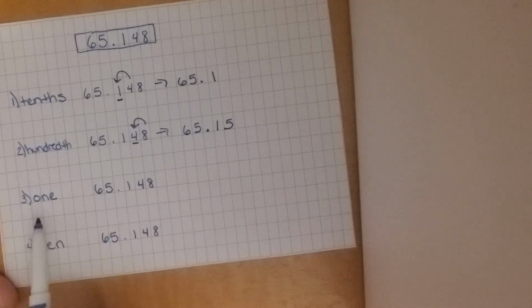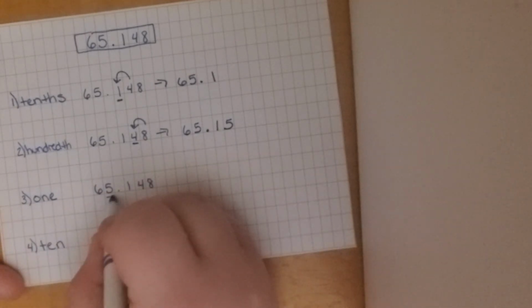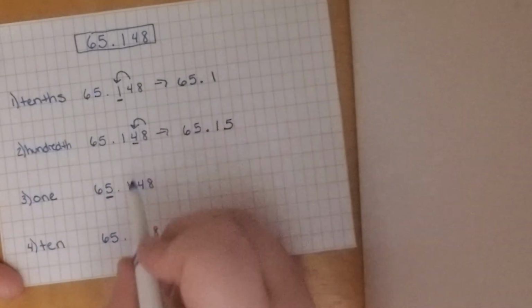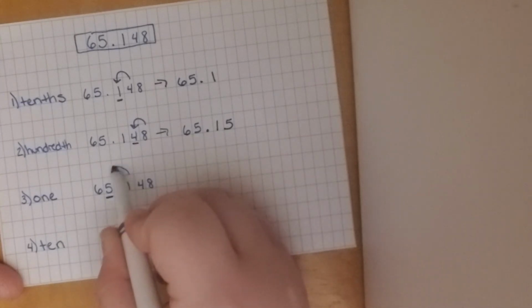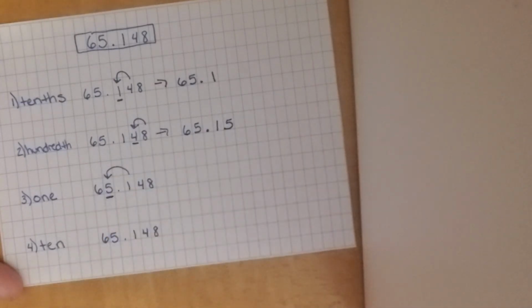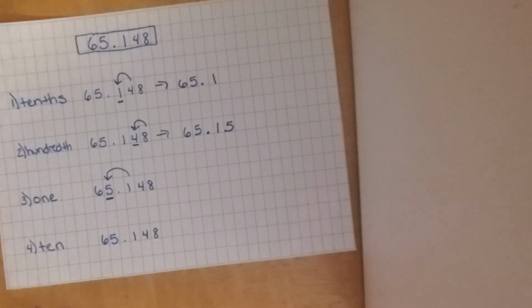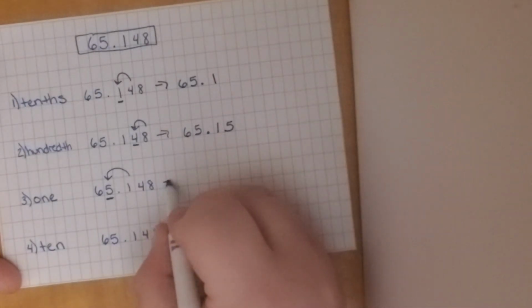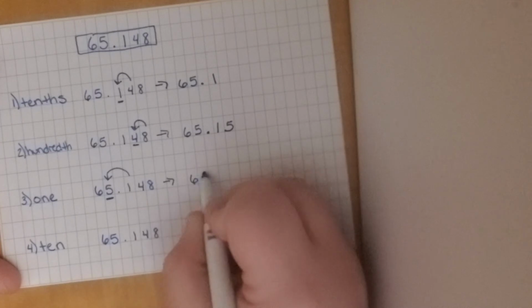This time I'm going to the 1's place. That's right here. And I'm looking to see if this 1, this 10th value, is enough to bump that 5 up. Meaning, am I closer right now to 65 or 66? What do you think? Yep, I am closer to 65.